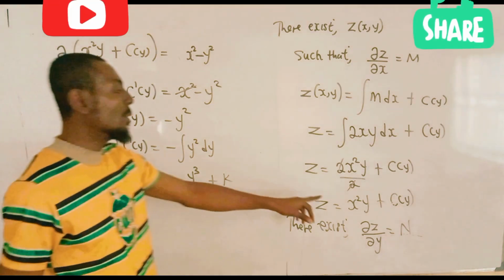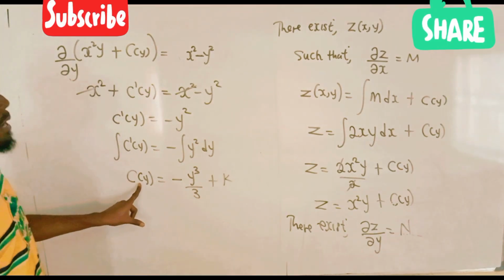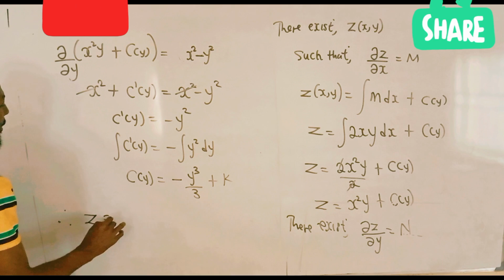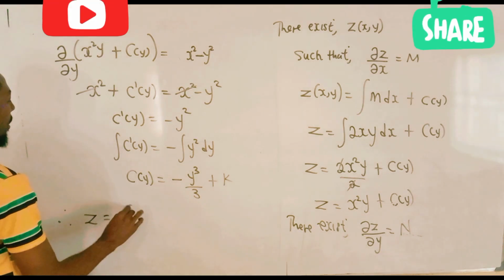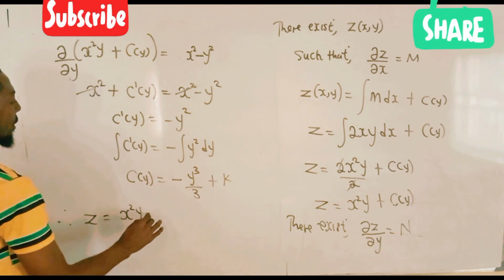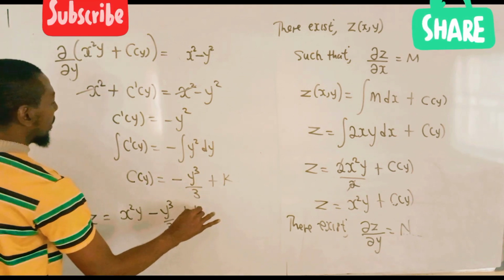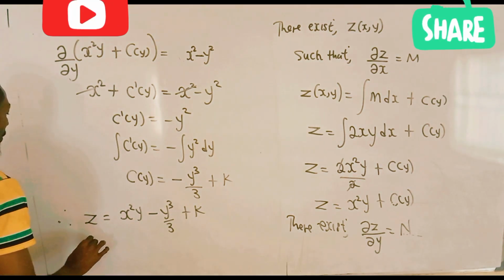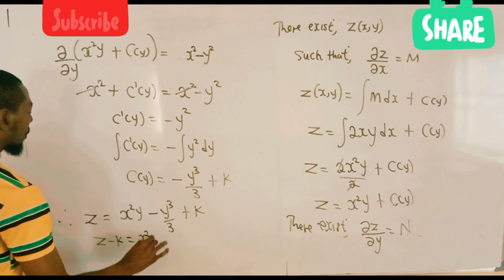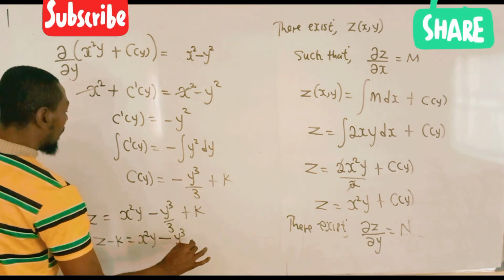Then we substitute here, because c of y is what we were looking for. Therefore, z is equal to x squared y plus c of y, and c of y is minus y cubed over 3 plus k. Taking k to this side, z minus k is equal to x squared y minus y cubed over 3.